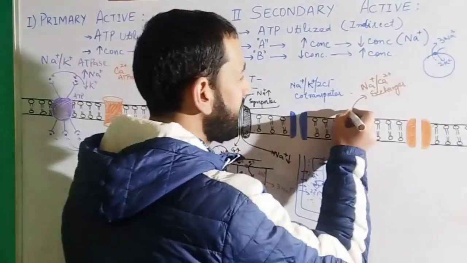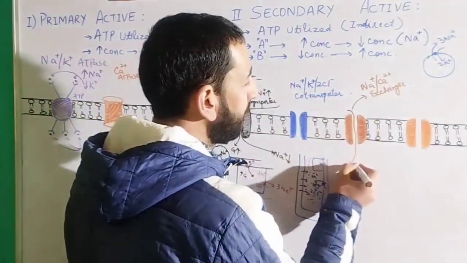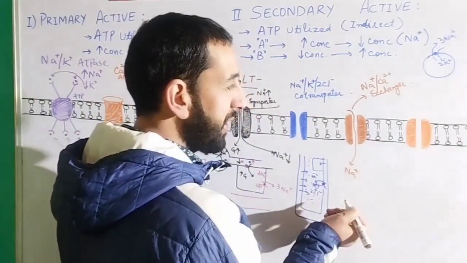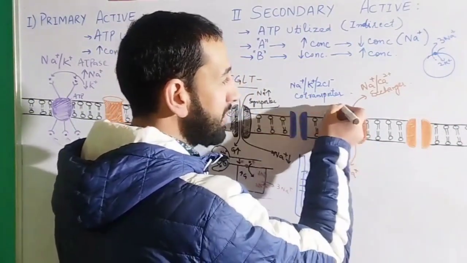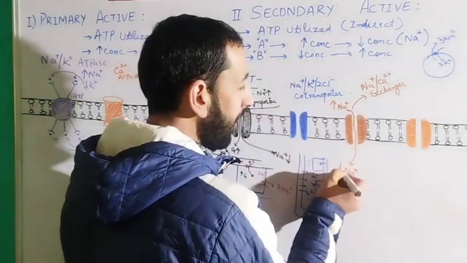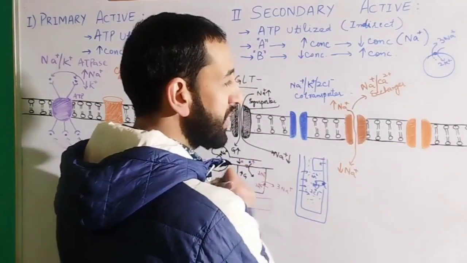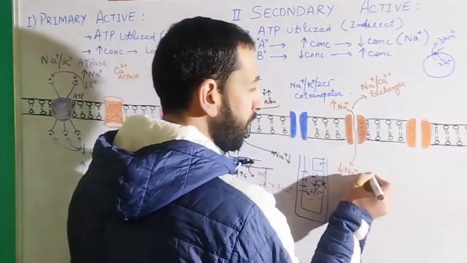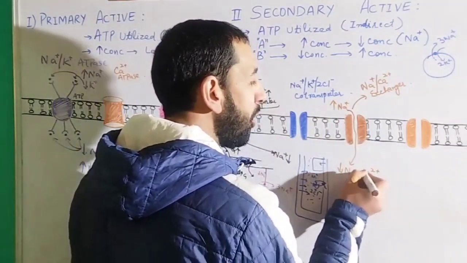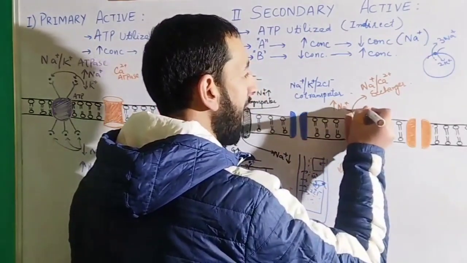It is going to be transporting sodium into the cell down the concentration gradient, that means from high concentration to low concentration. But this transporter protein is going to be transporting calcium from low concentration to high concentration.